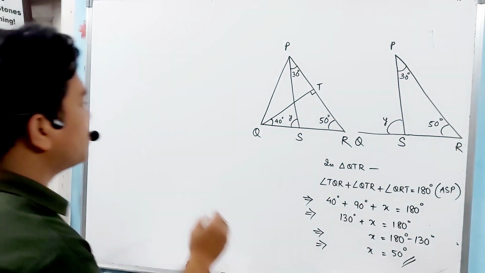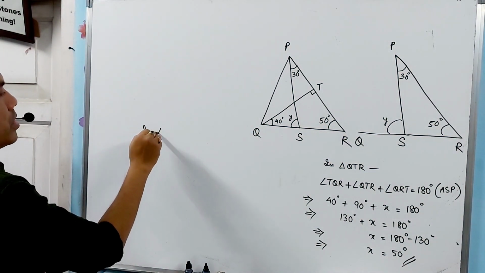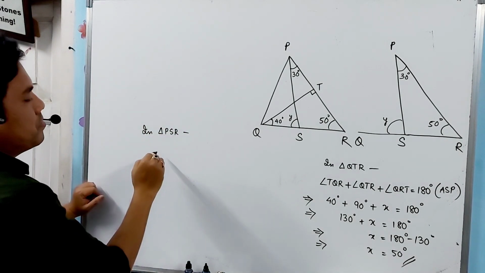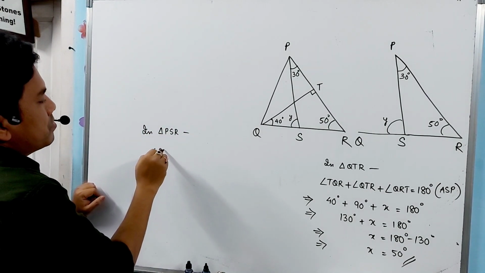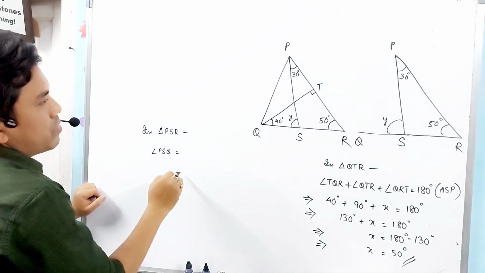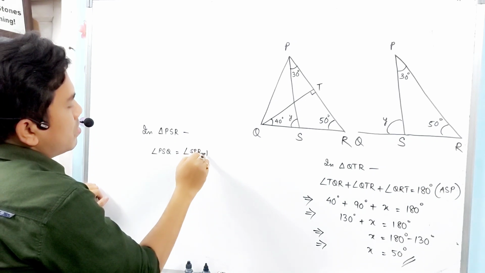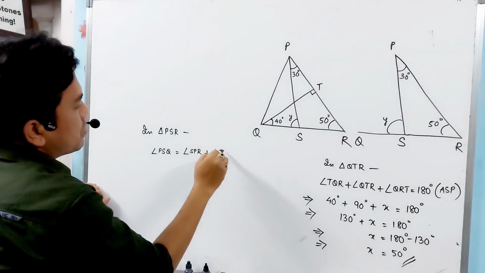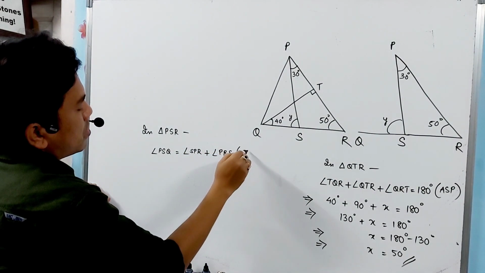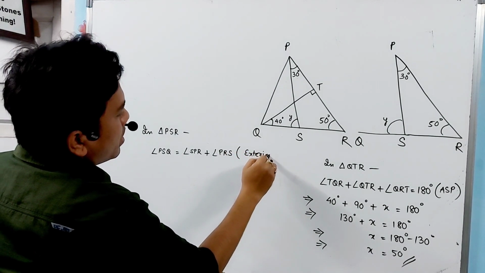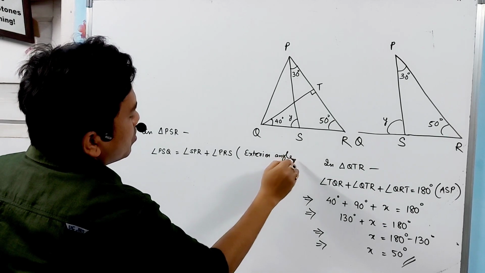So we can write in triangle PSR, angle PSQ is equal to angle SPR plus angle PRS according to exterior angle property.